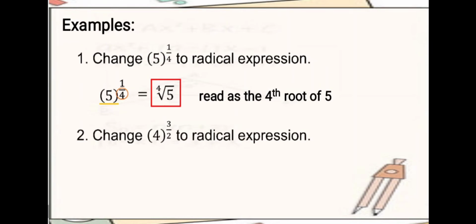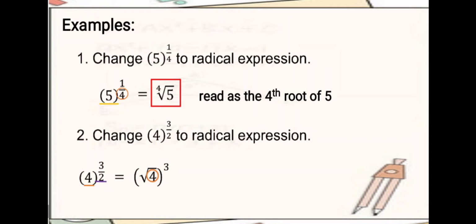Next, we will change quantity 4 raised to 3 over 2 to radical expression. So, sulat natin yung given. Magiging quantity square root of 4 raised to 3 or raised to the third power. So, yung base natin na 4, siya yung magiging radicand natin.